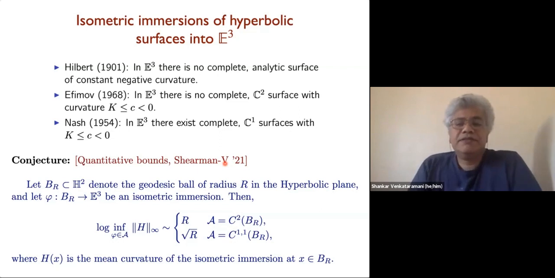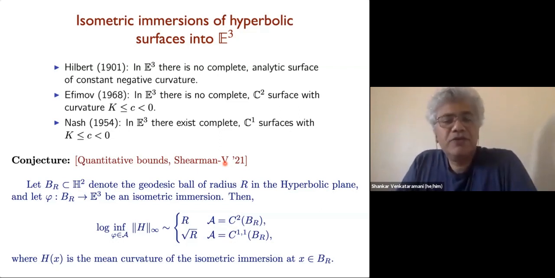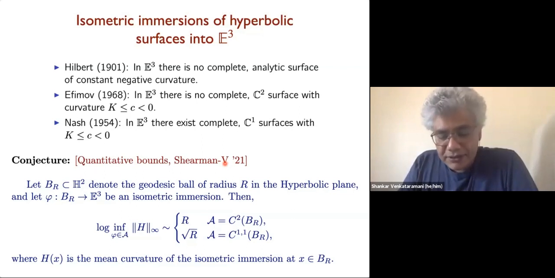And so let me just present the conjecture. Hilbert's theorem or Efimov's theorem are about the complete hyperbolic plane. For applications, we might care about finite size domains. So the question is, is there a quantitative version of these statements?